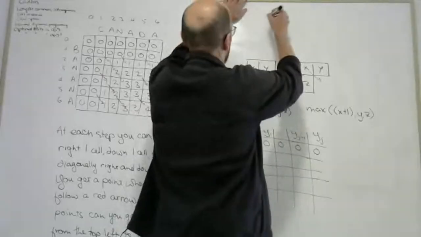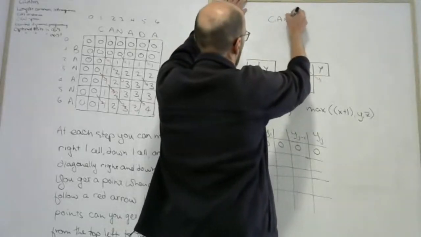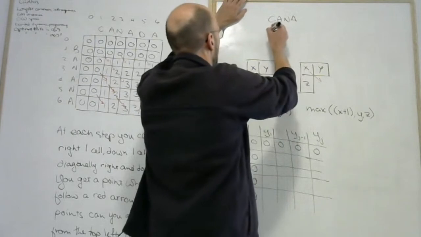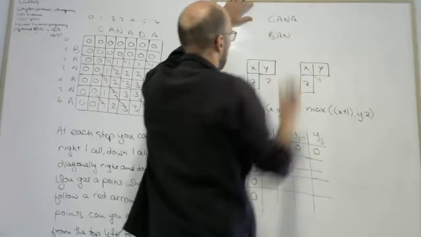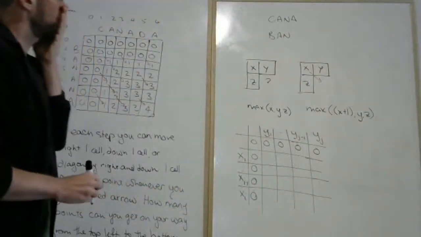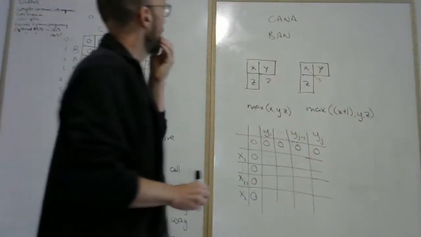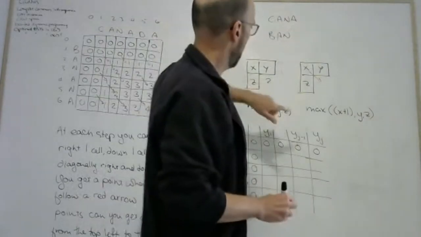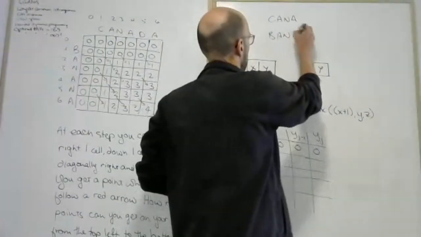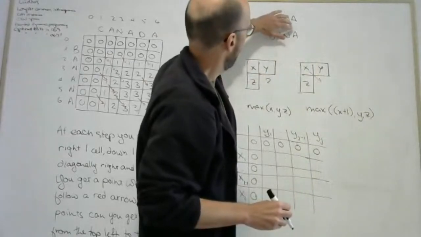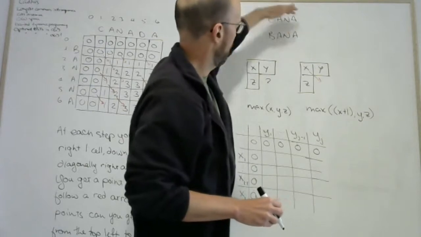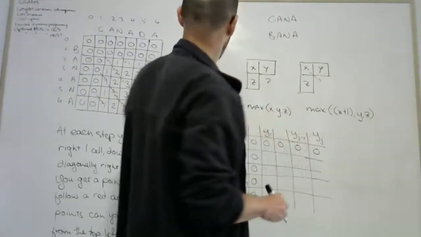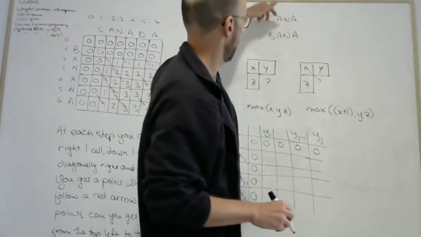So you can think, if I have like Kana and Ban, so what I can have is, let's say Bana. If the ith letter in this string, no wait, this is the one along the top, so I want it to be the jth letter here.